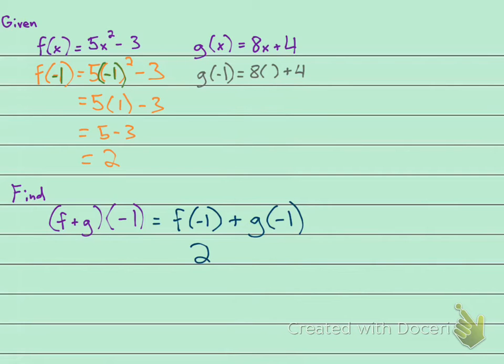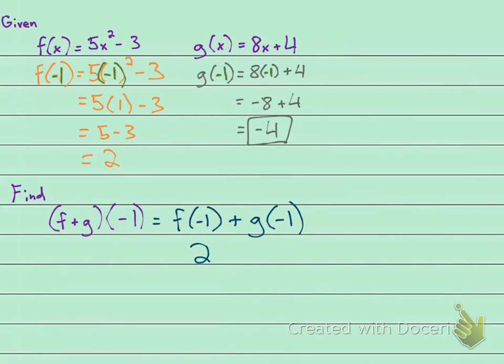And instead of x, we're plugging in -1. All right. 8 times -1, right here, this is -8. -8 plus 4 is -4. So I know that the g of -1 is -4.